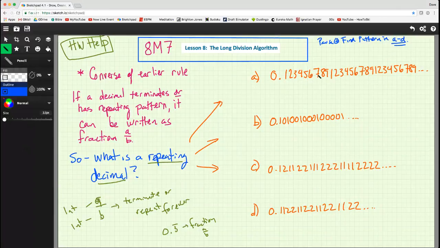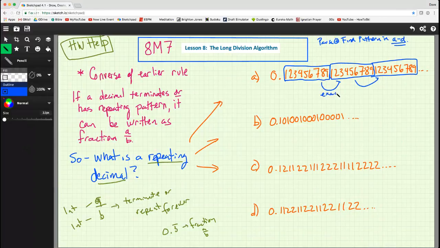So let's see. So this says 1, 2, 3, 4, 5, 6, 7, 8, 9. 1, 2, 3, 4, 5, 6, 7, 8, 9. So I have this piece and this piece and then this piece. These are exact copies.